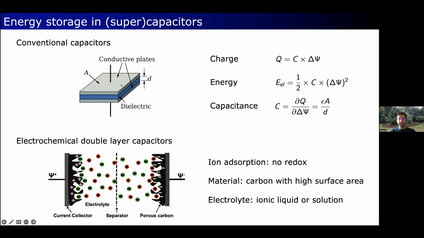If you apply a voltage, a potential difference delta psi between them, you will accumulate opposite charges on the two plates. The charge on the electrode is proportional to the voltage, and the proportionality constant defines the capacitance C. It's called the integral capacitance because it's a ratio between the charge accumulated and the voltage. The energy you can store is quadratic in the voltage. It also involves the capacitance.